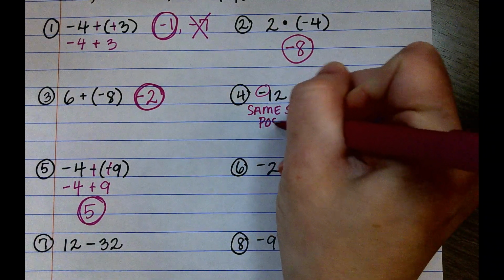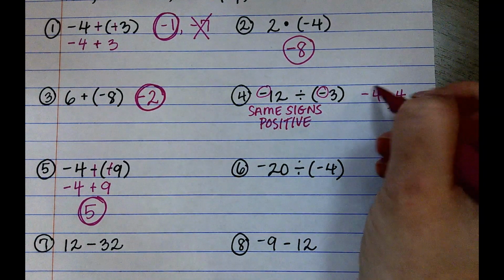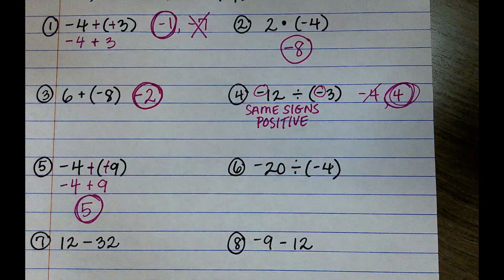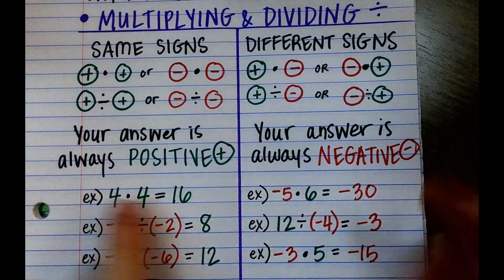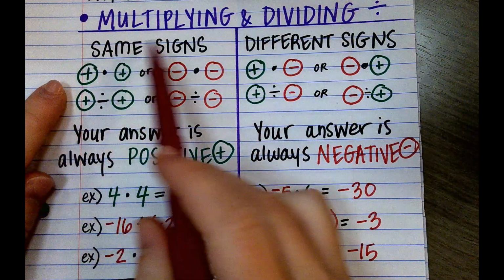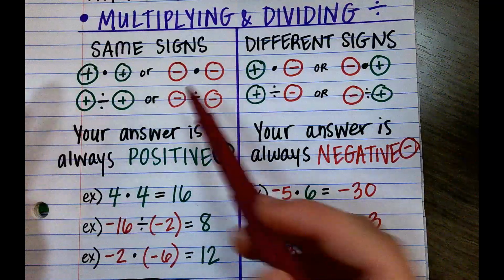Positive, so +4. You didn't write that in the notes. That's where it got confused, because you just put your answer is always negative. Different signs, your answer is always negative. Same signs, your answer is always positive.